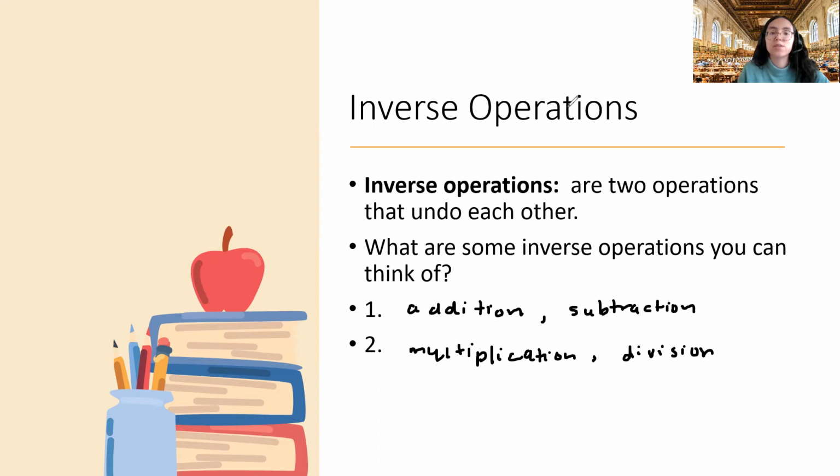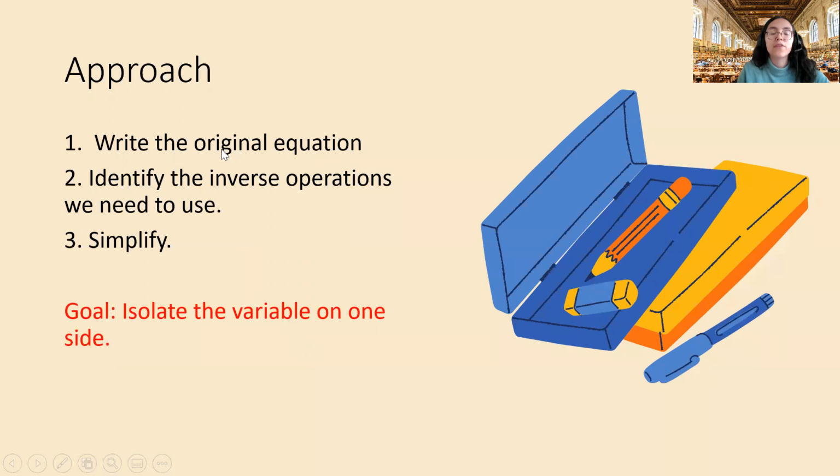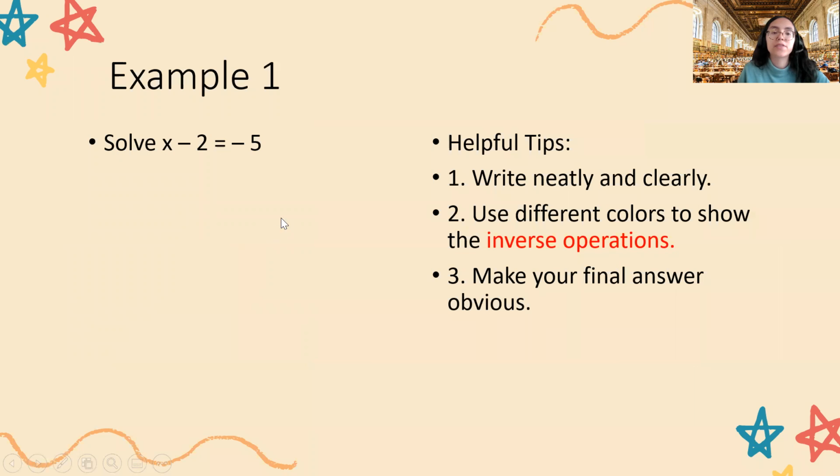So let's go ahead and do some examples where we use addition and subtraction as inverse operations. For our approach, what we're going to do to solve these problems is just write the original equation, identify the inverse operation that we need to use, and simplify. And remember, we're always trying to isolate the variable onto one side. So for this first example, we're going to solve x minus 2 is equal to -5.